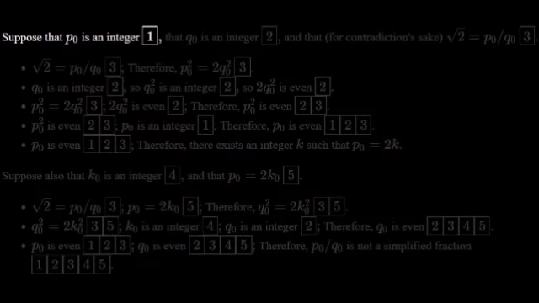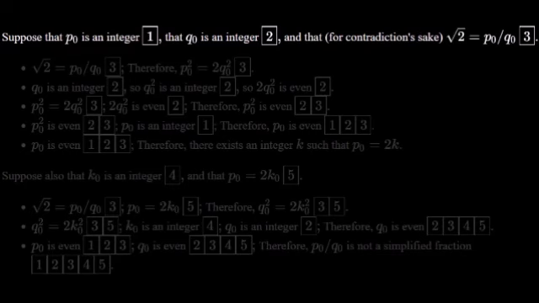Okay, so we'll suppose that P0 is an integer, and we're going to tag that 1. Then we suppose that Q0 is a non-zero integer, tagged 2. I say non-zero because it's going to be the denominator of our fraction. And finally, we're going to suppose, for contradiction's sake, that the square root of 2 can be written as P0 over Q0, and we're going to tag that 3.